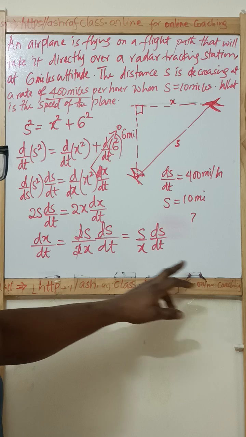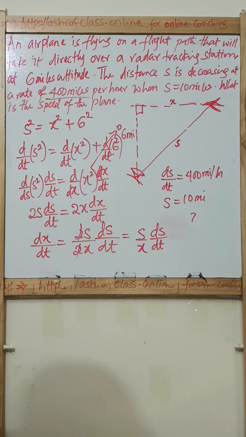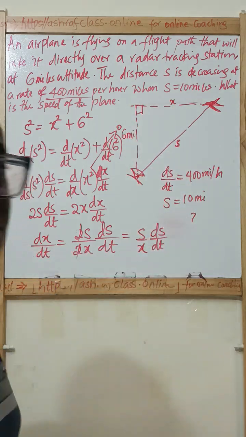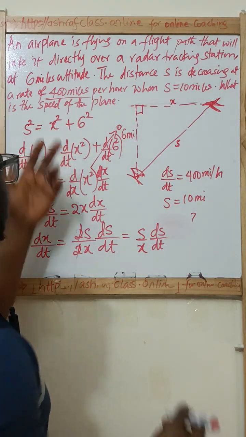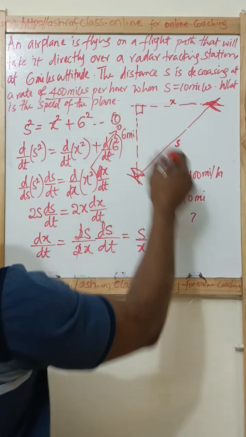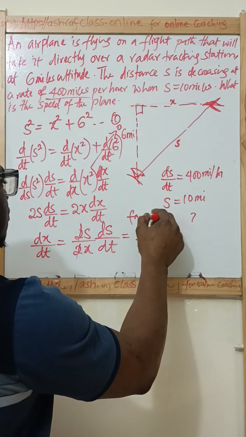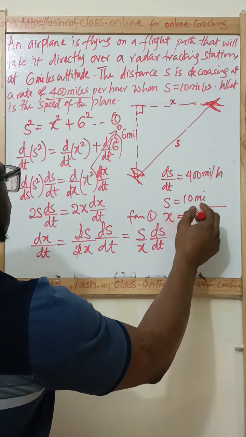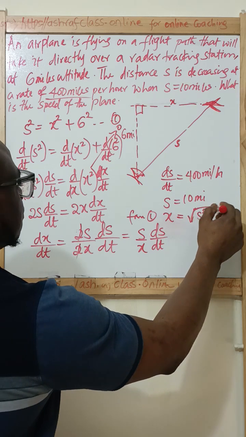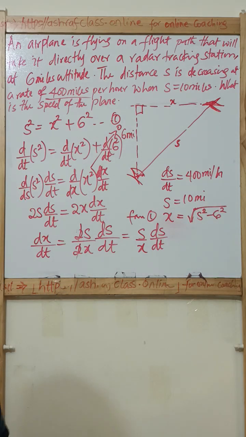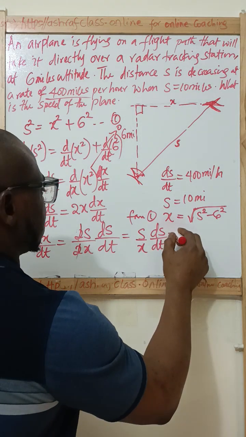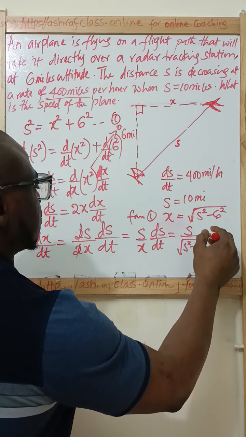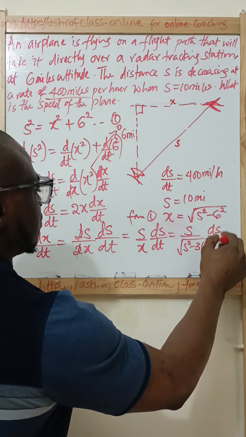S is given to be 10. What about x? We don't know this, but we can find it. We can use the same Pythagoras theorem, from equation 1. So we know that x is the square root of s squared minus 6 squared, right? So we can put that here. So that will be s over the square root of s squared minus 36, times ds/dt.